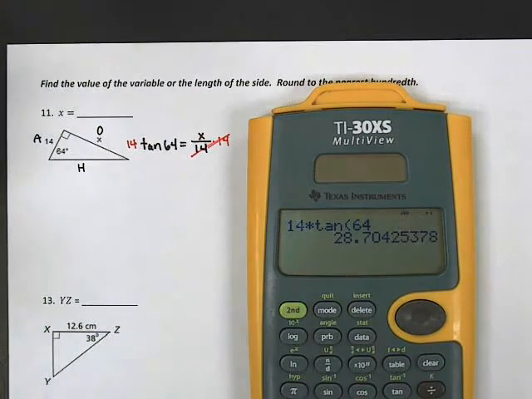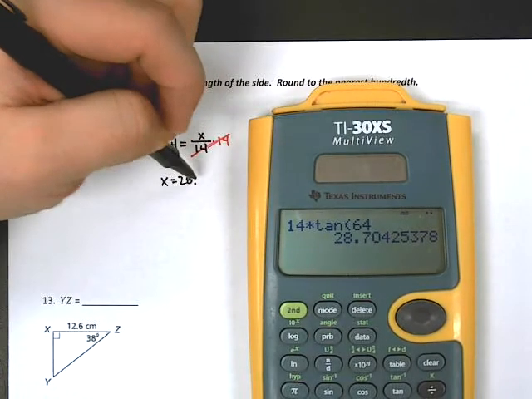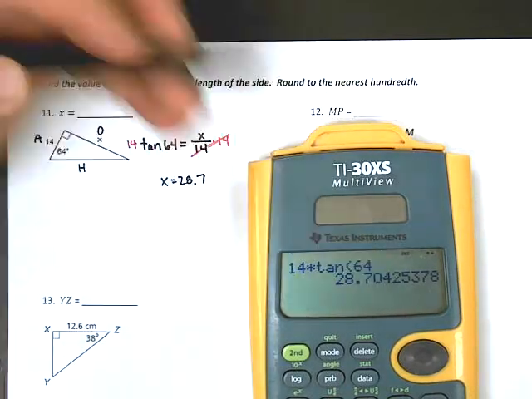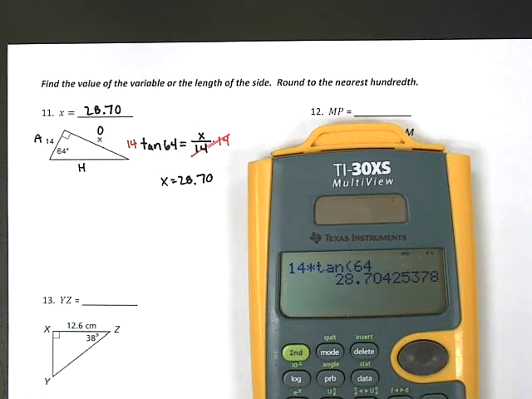Okay, so 28.7, and then make sure it says to round to the nearest hundredth. 0, oh, got to round down. So 28.70. Very nice. Okay.